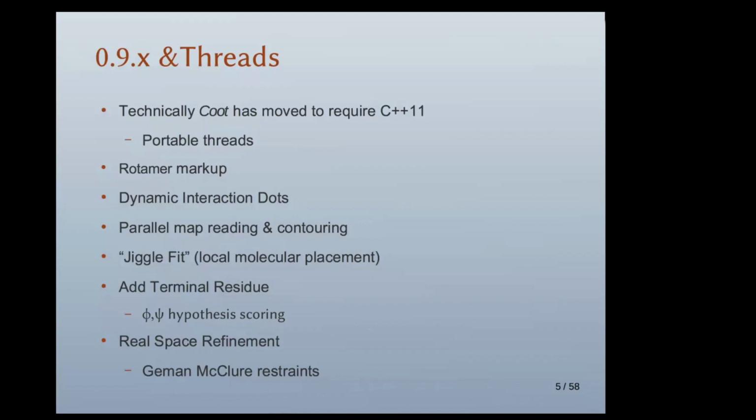And as a consequence of that, being multiple threaded, we can cover more fly size space as we test the hypothesis. But it is in real space refinement where the threading is most apparent, or the usefulness is apparent on a day-to-day basis.